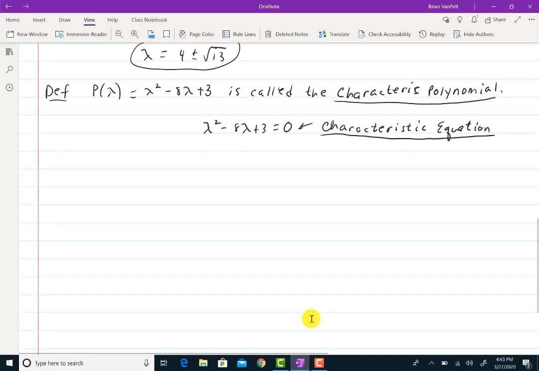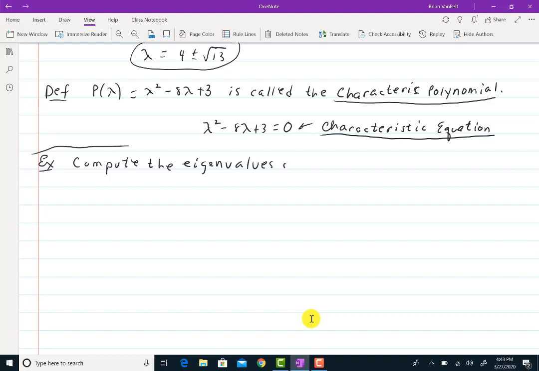Let me do another example. This time we want to compute the eigenvalues of the matrix 7, -2, 2, 3.